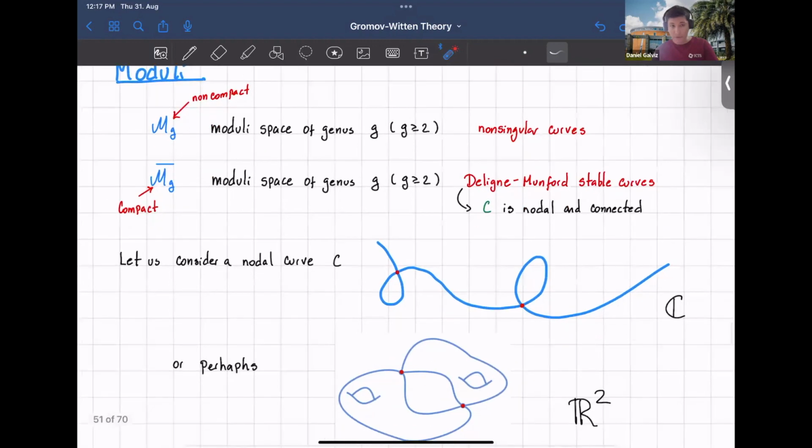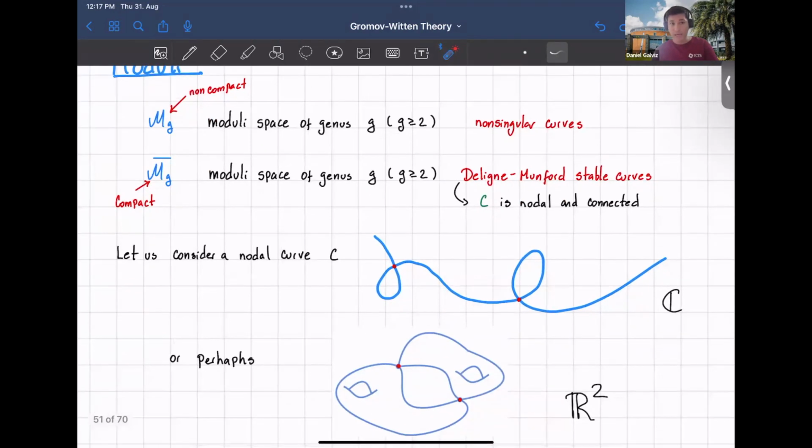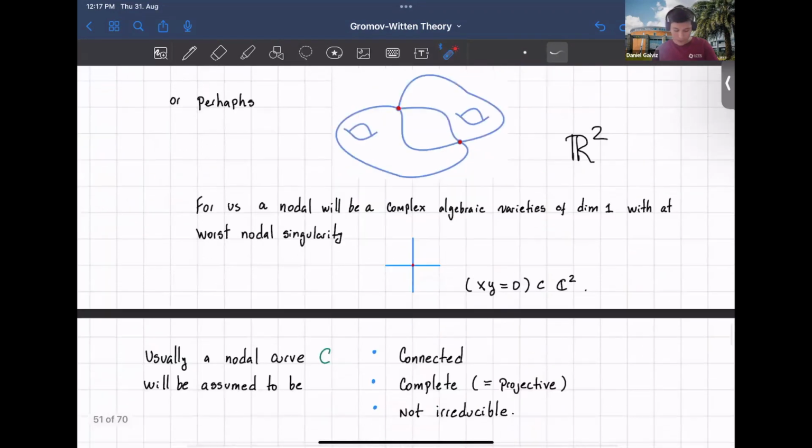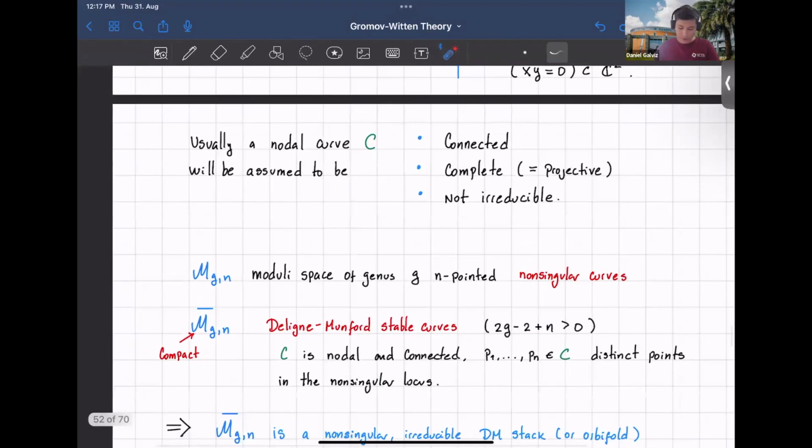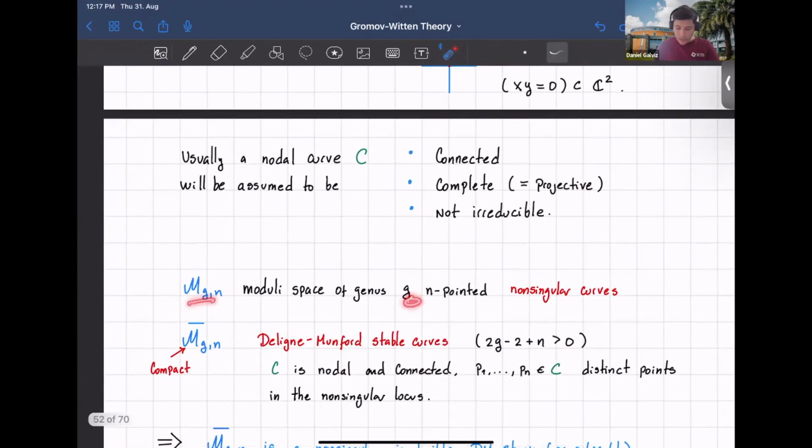Okay, this is the case when you take just the information of the genus. Now we are going to take the information of the genus and the marked points. So this is the moduli space of genus g and n-pointed curves, which is a non-singular curve. Then you have the Deligne-Mumford case, which is the stable curves. This is compact, and they show that this is only possible with the restriction 2g minus 2 plus n is greater than 0.